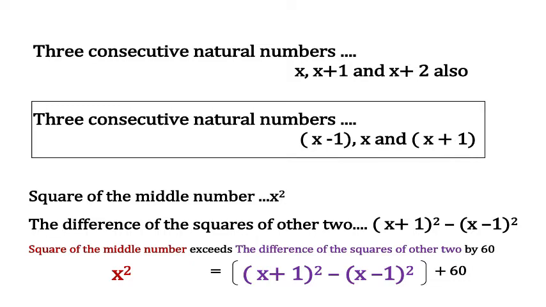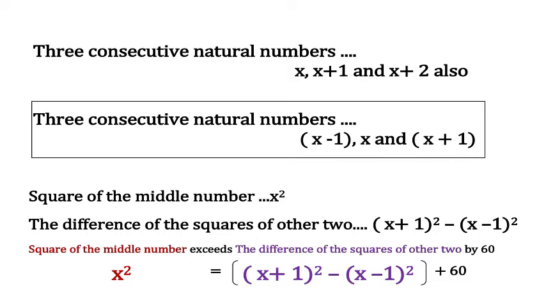This slide is given for your reference to understand the concept, and please do not copy this in your classwork. The three consecutive natural numbers can also be named as x, x plus 1 and x plus 2. That procedure is also correct, but in this problem it is mentioned to consider the middle number as x.